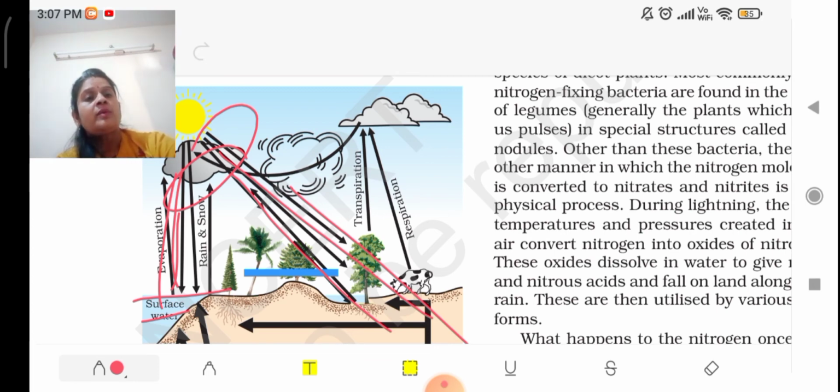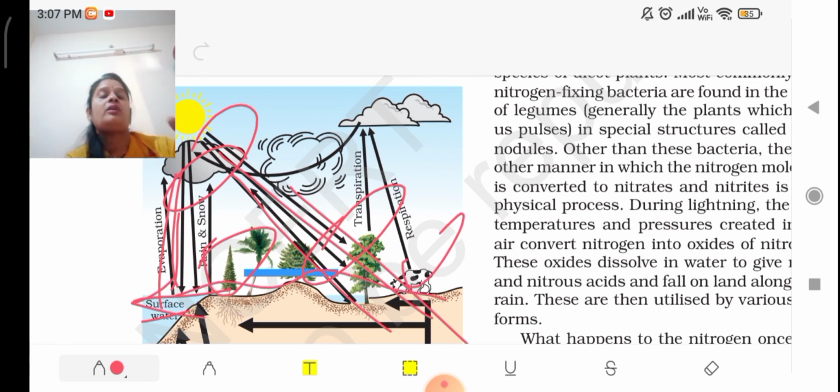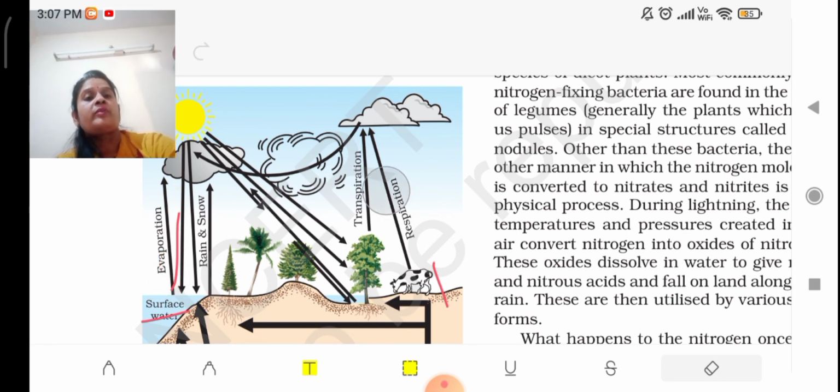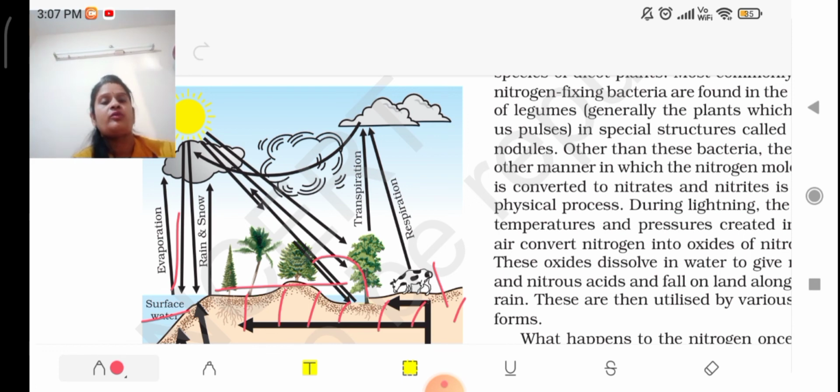Now some of the water is used by plants and animals, and some water again drains into the water bodies, and some water seeps into the earth and becomes groundwater, because plants, trees and grass do not let the water flow easily, so the water gets time and seeps into the earth.